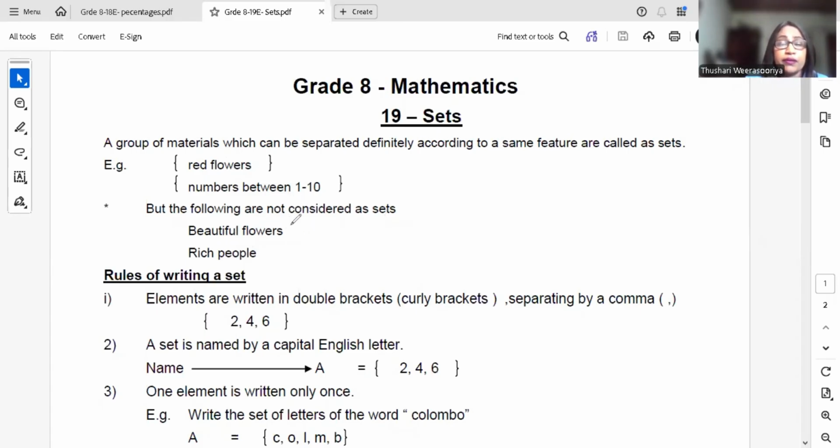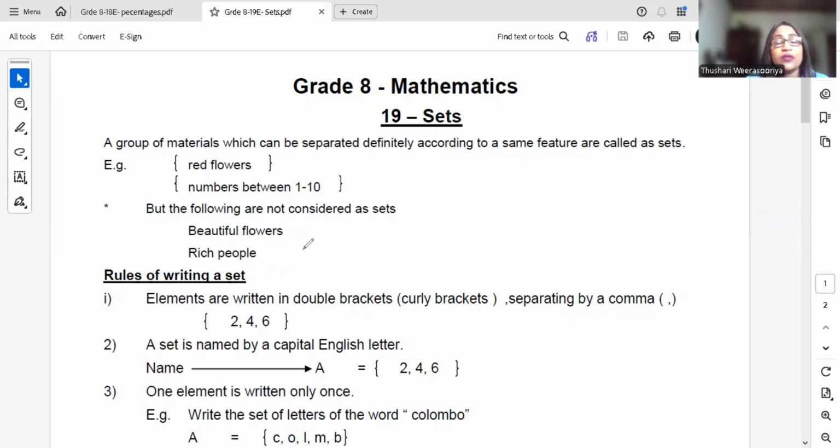If we say rich people, we don't know who are rich or poor. One person can be rich for me, but for another person, he is poor. Likewise, good children, long rivers.